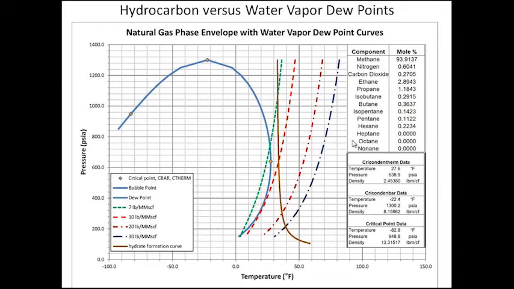Gulf Coast, which is pretty lean. Wyoming was a very rich gas, and then the South Louisiana gas was very rich as well. And you can see, as we increase the number of heavy hydrocarbons in the gas mixture, we end up having a higher cricondotherm. Cricondotherm is the highest temperature point on the phase envelope.